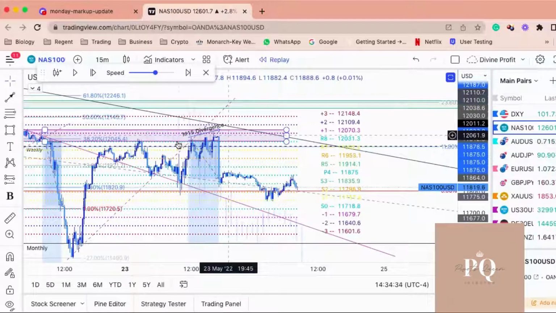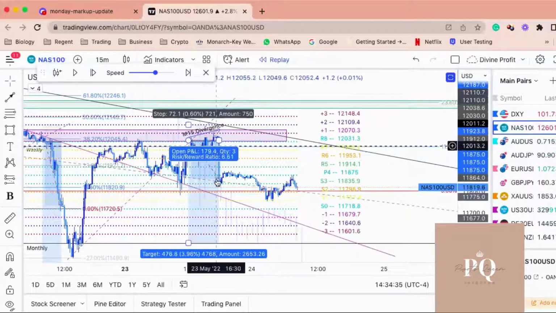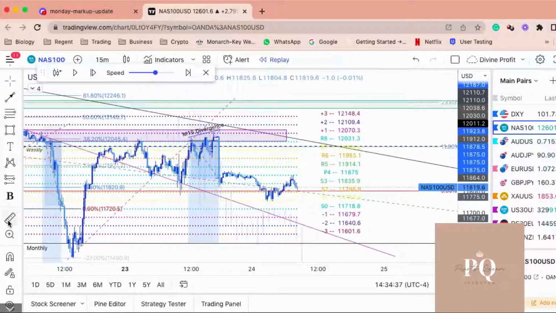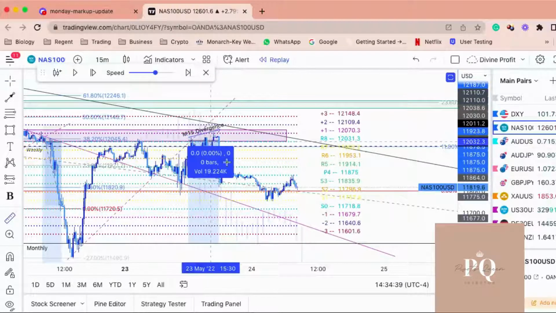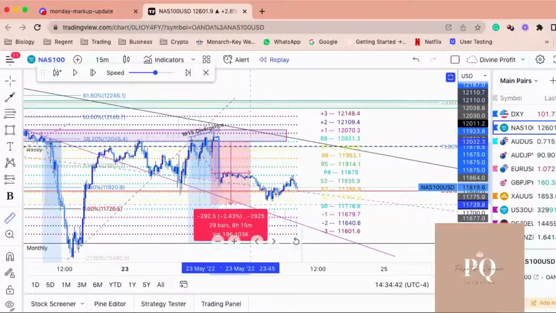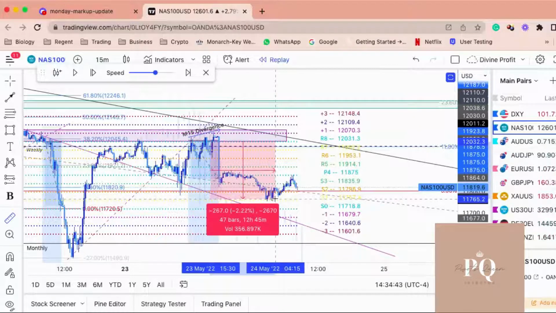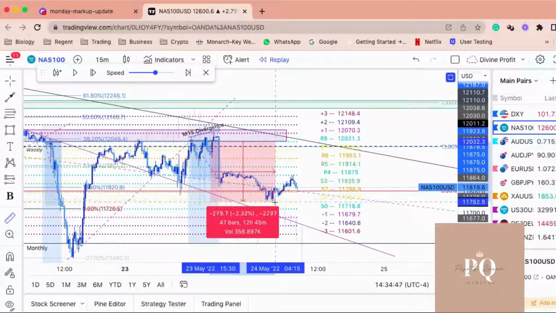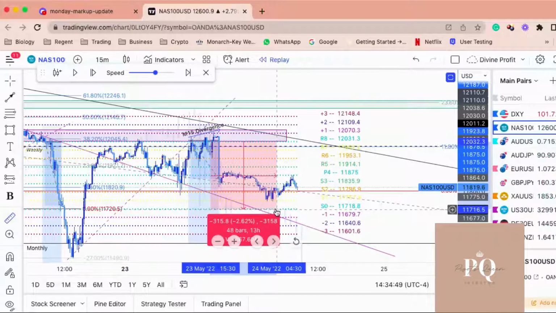But yeah, so we got 15-minute divergence. So we went as far as 2,670 pips in profit.